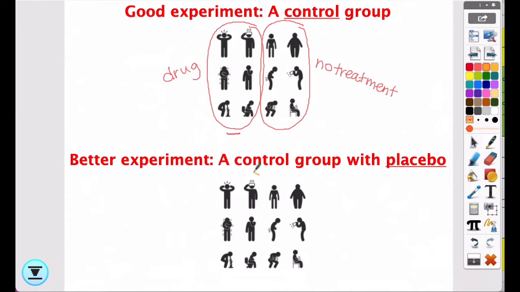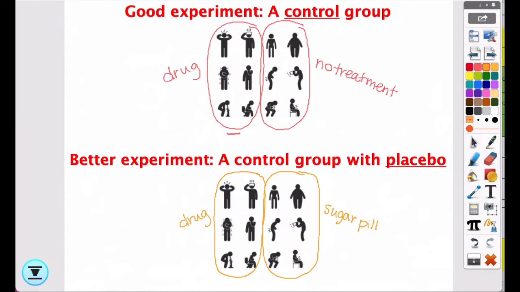So in a placebo group, still we're using the actual drug on part of the population, but then the other half of the population, we're going to give them a pill that does nothing. That's called a placebo. So sometimes they'll call that a sugar pill. Like, here, swallow this Skittle, see if you feel better. And the idea is that everybody thinks they're getting the new drug or thinks they might be getting the new drug.